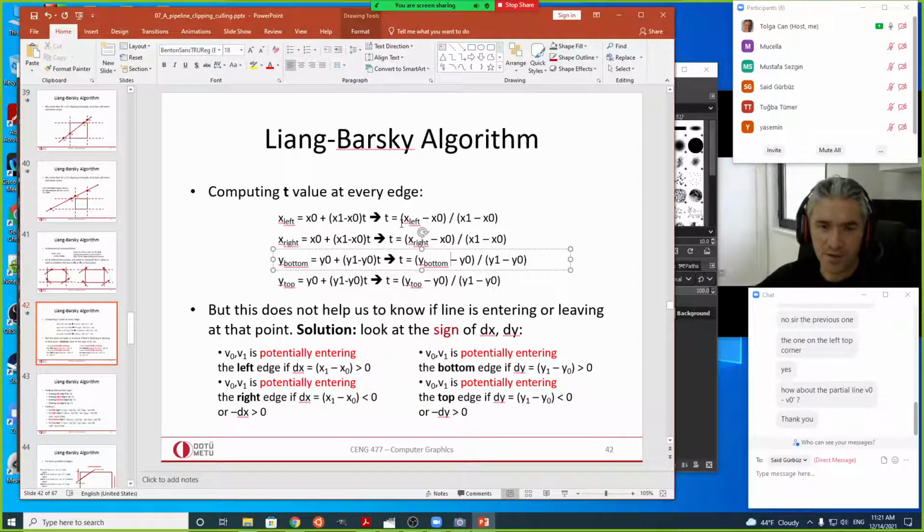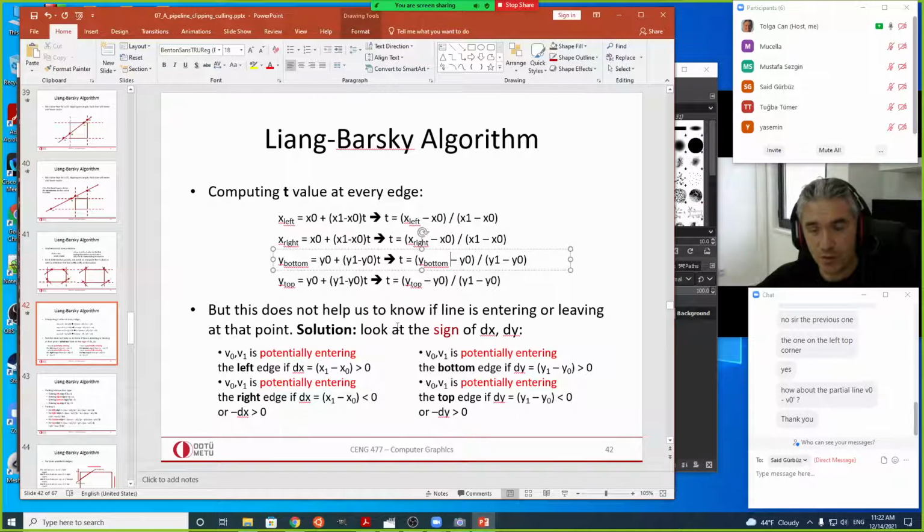If any of them are not between 0 and 1, we can ignore those parts, but we don't need to do that actually. We can look at these t values during clipping, but to trivially reject or accept these cases, just looking at the t does not help us.